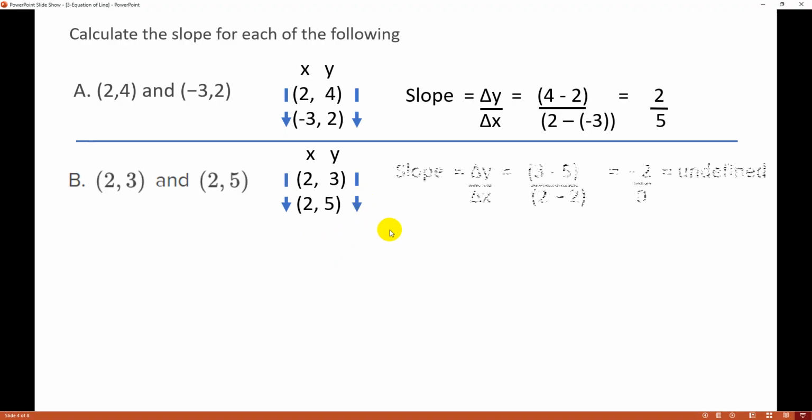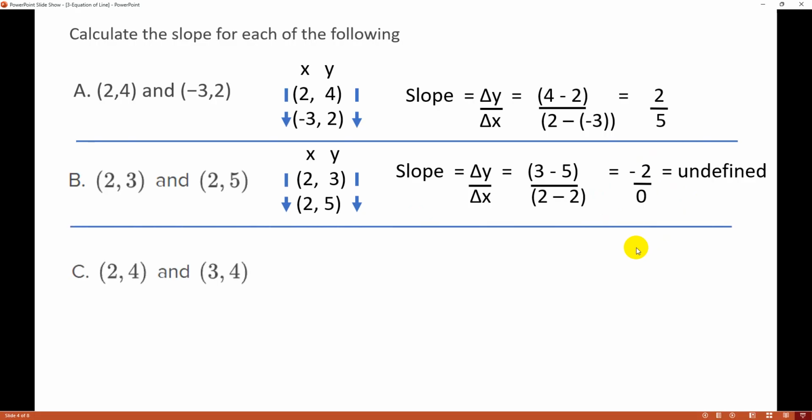So here the slope would be 3 minus 5 divided by 2 minus 2. Now, in this particular case, the denominator is 0, and -2 divided by 0 would be undefined. So every time we see a denominator 0, the result will be undefined. Just remember that.